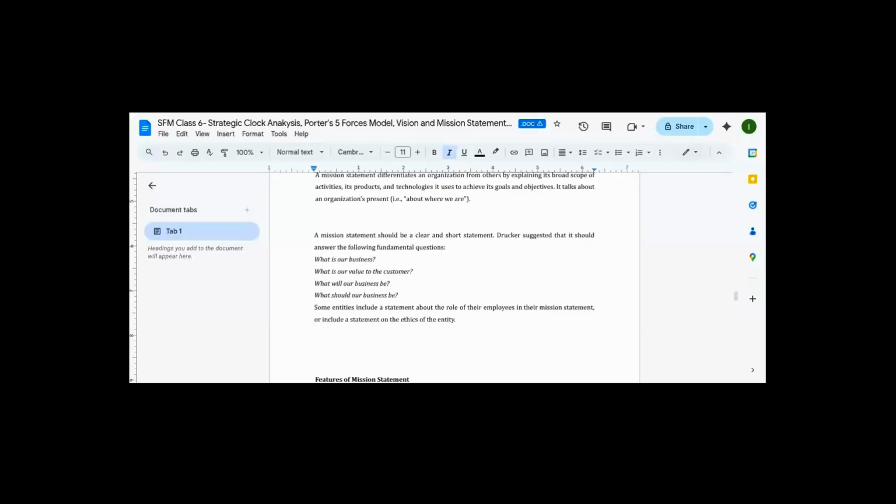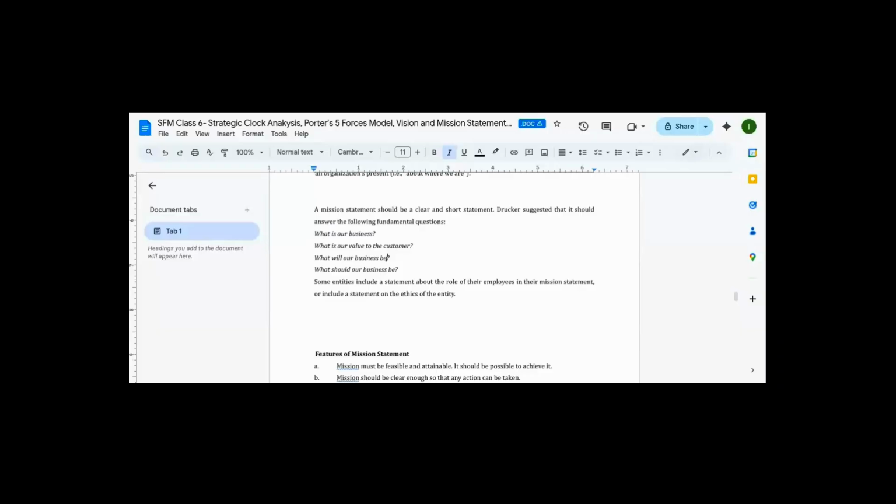The third one is, what will be our business, or what should our business be? So all mission statements should answer this. What is our business? Who are our customers? What is our value to our customers? What should our business be?